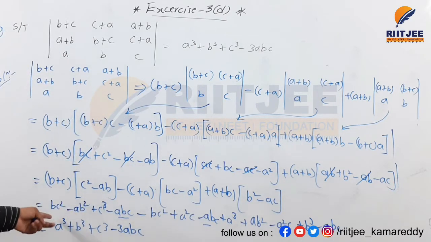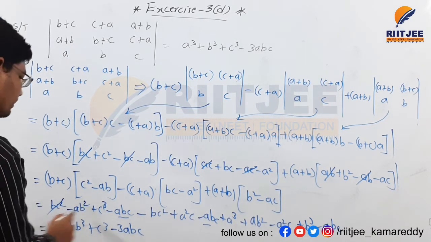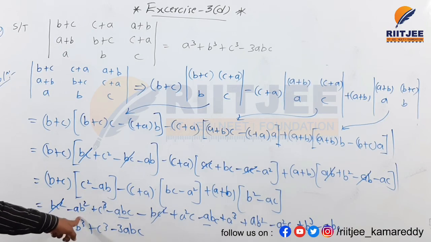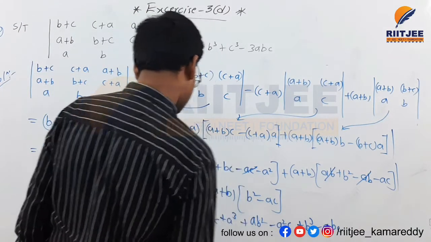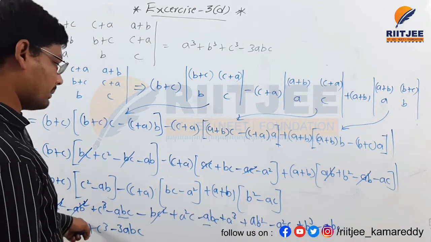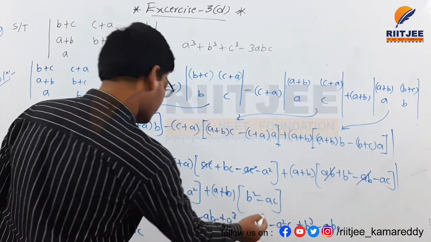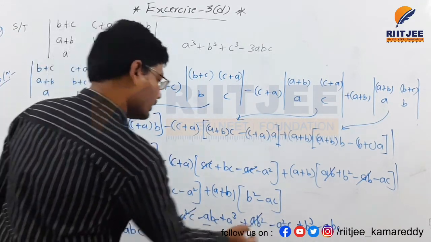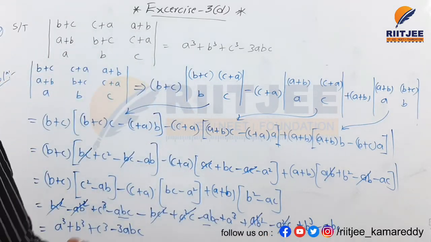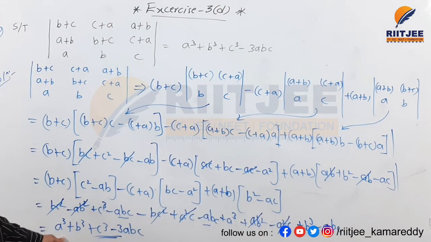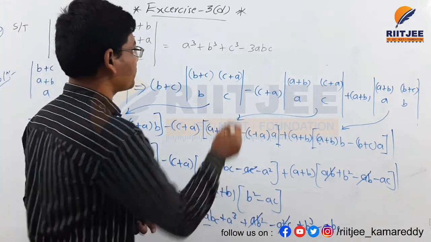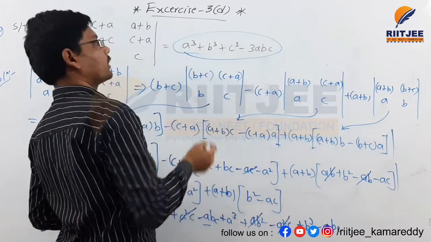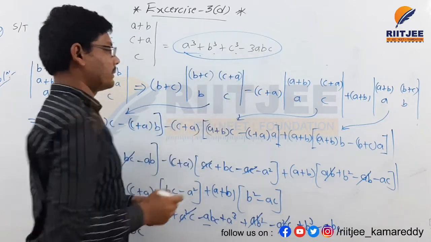So the remaining terms are plus BC square minus BC square cancel, minus AB square plus AB square cancel, AC square and AC square get cancelled here. The remaining terms are A cube plus B cube plus C cube minus 3ABC. Finally, hence proved.